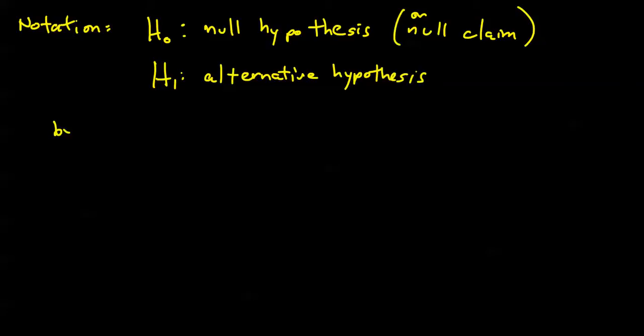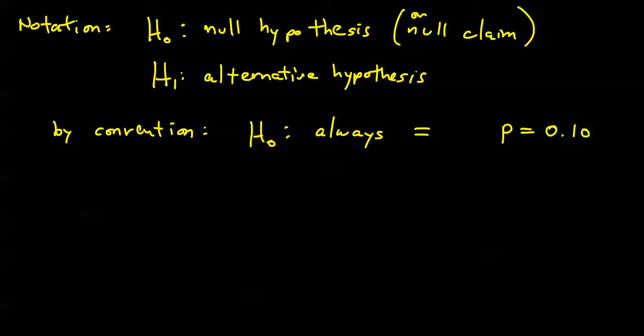And again, by convention, when we're testing claims one against the other, the null claim or the null hypothesis is always an equality statement. In the previous example, it would have been that P equals 0.1 for the 10% of left-handers. H1, the alternative claim or alternative hypothesis, is always an inequality. It's either a less than statement, a greater than statement, or a not equal statement.